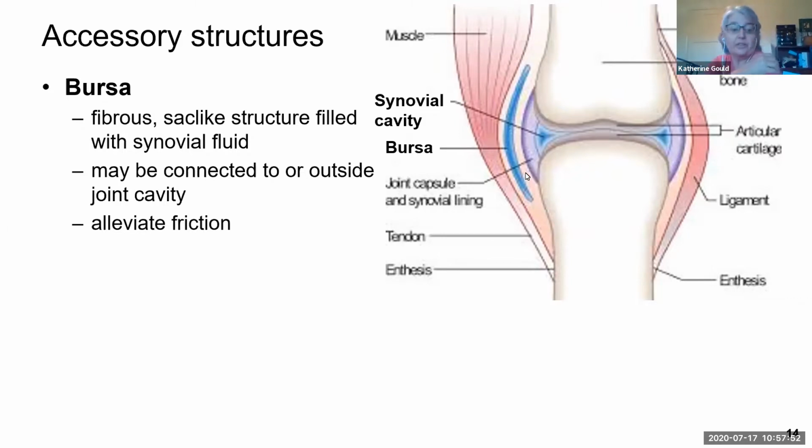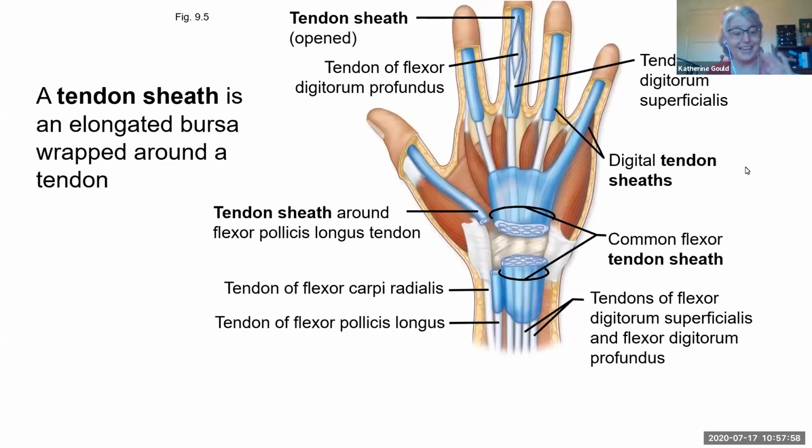You have a bunch of bursae in your shoulder, you have some in your knee, you got them in your elbow. You also have special bursae around tendons for the feet and hands. And these things are called tendon sheaths. So you have this long, thin sort of balloon of fluid that goes around the tendon and eases the friction of that tendon moving between the bones and between the muscles in the hand as well.